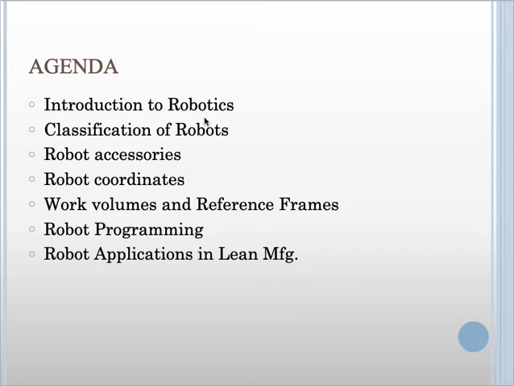The Robot Institute of America has developed the following definition: a robot is a programmable multifunctional manipulator designed to move material, parts, tools, or special devices through variable programmed motions for the performance of a variety of tasks.